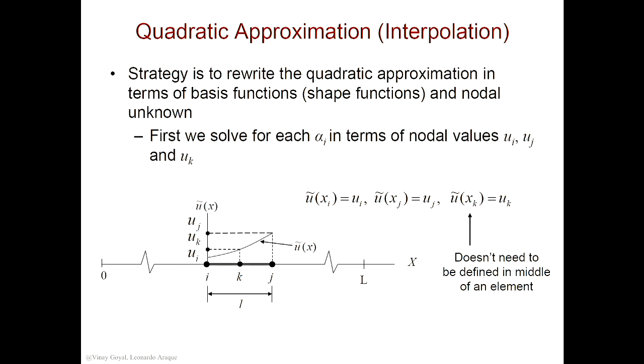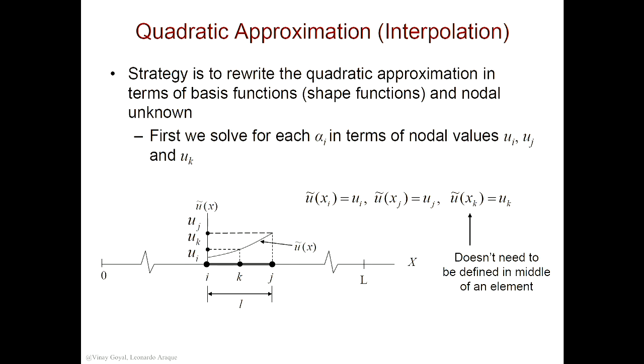I evaluate at the other end xj and find the value there, which is uj. These ui and uj are connected to adjacent elements, and they have physical meaning. You know what they mean: it's the displacement. Not only that, you have an approach for assembling the system together.